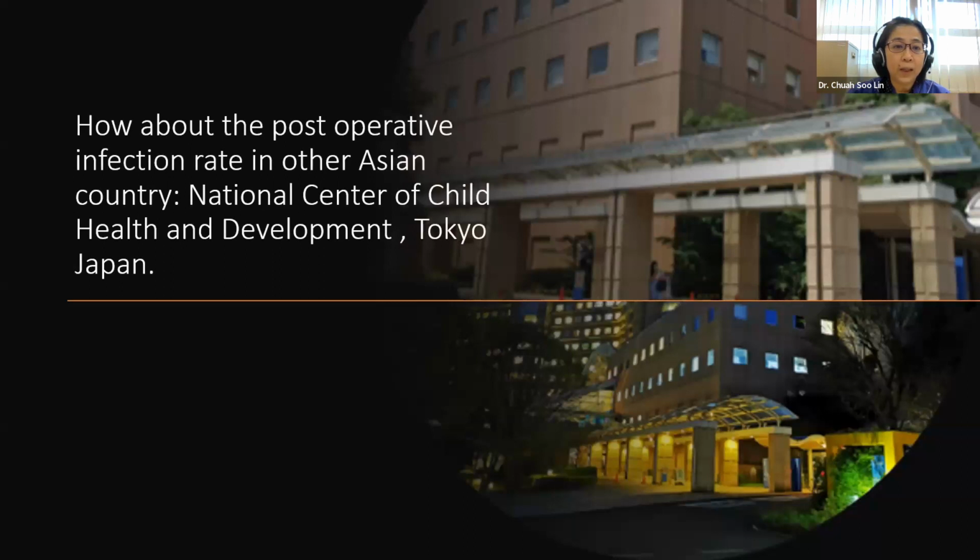As Professor mentioned before, I recently went to the Tokyo National Center of Child Health and Development for a year of training in the PICU. I was fortunate to have the opportunity to review their infections post liver transplantation in their PICU.